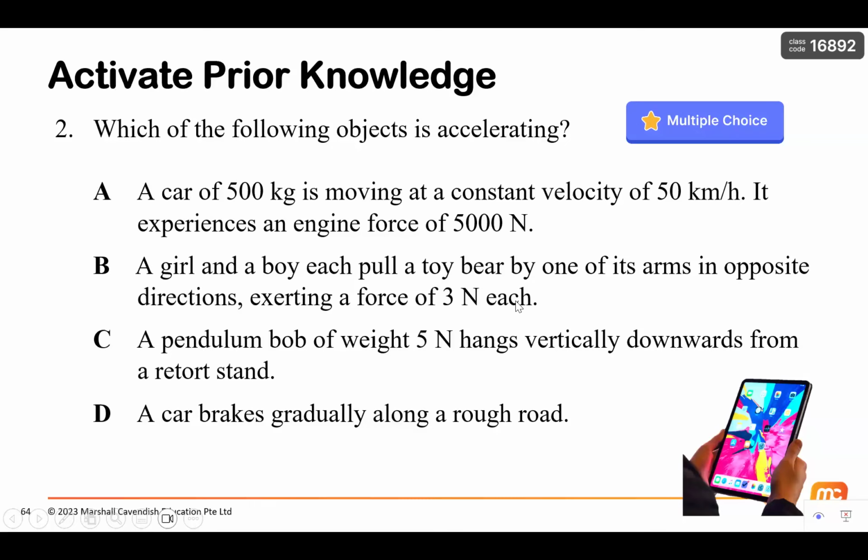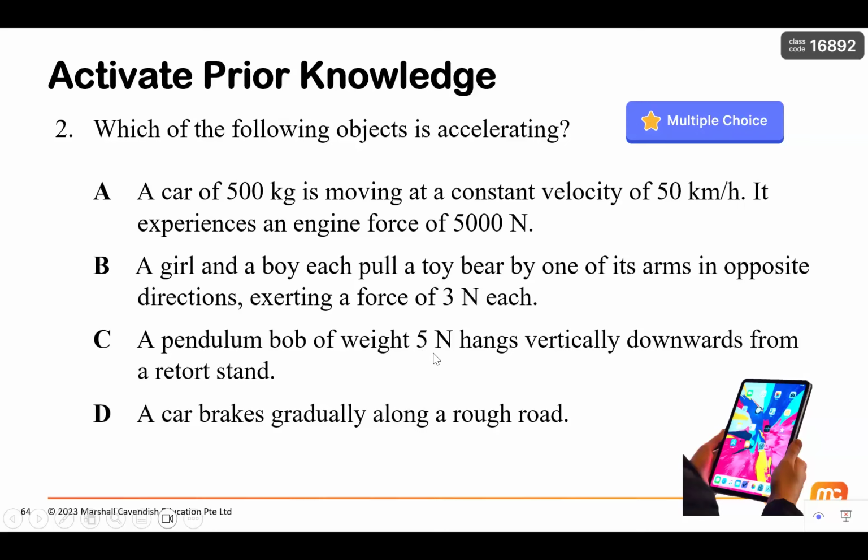Next one, a pendulum bob of weight 5 newtons hangs vertically downwards from a retort stand. The pendulum bob is again at rest, hanging from the retort stand. It's not moving, so the object is not accelerating. There is zero acceleration. There is a weight of 5 newtons and there is also a tension force of 5 newtons in the string from the retort stand.